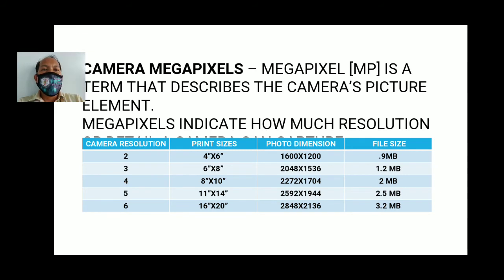The camera megapixels. Megapixel, MP, is the term that describes the camera's feature. This is the chart of megapixels indicating the resolution, the print size, and the photo dimension of the camera resolution. So take a look at the chart on camera resolution, print size, photo dimension, and file size.